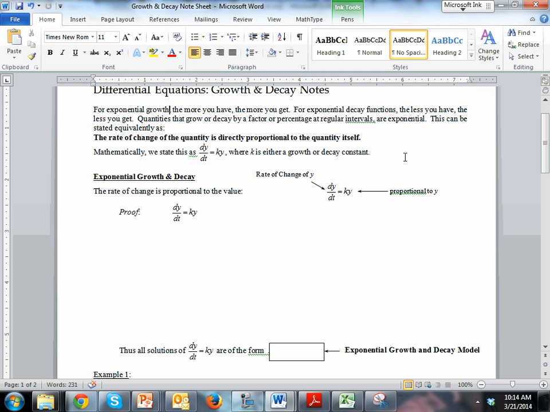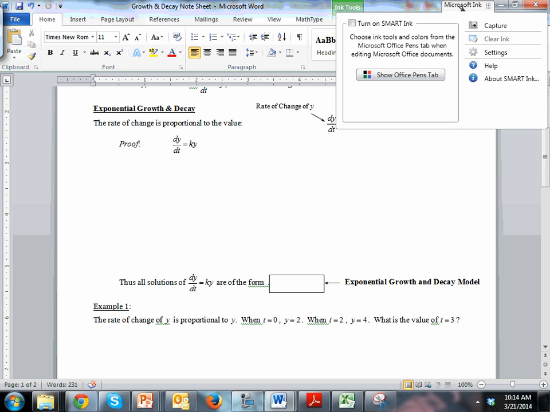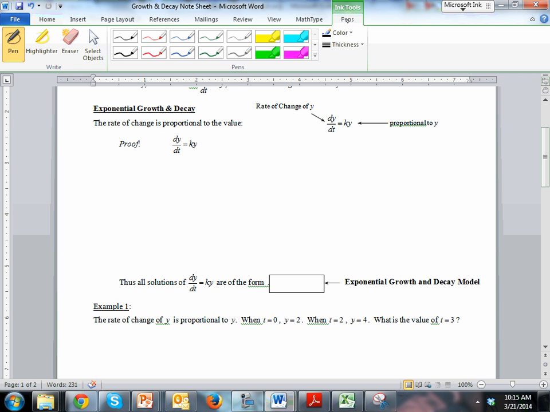Now, we just went through differential equations, right? So we can actually solve this for what y equals, correct? Let's do it. Okay, so we need to separate our variables, correct?